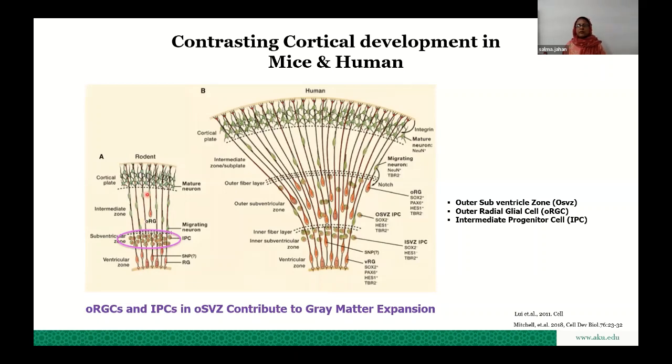As we know, the cortical region comprises 6 different layers.